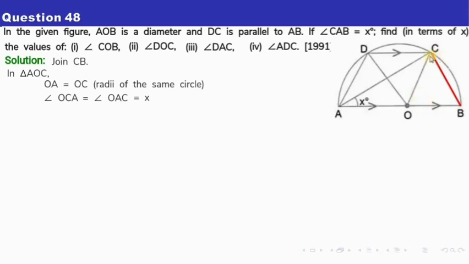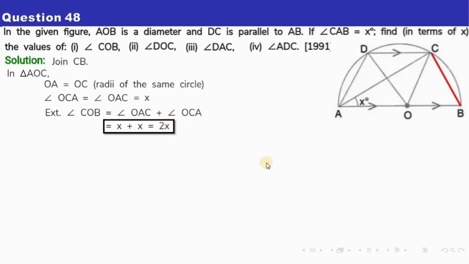So this angle COB will be equal to the sum of the opposite interior angles, that is this plus this. So it is written exterior angle COB will be equal to angle OAC plus OCA. So both are x and x, so the sum of x plus x will be 2x. So the value for this one turns out to be 2x.